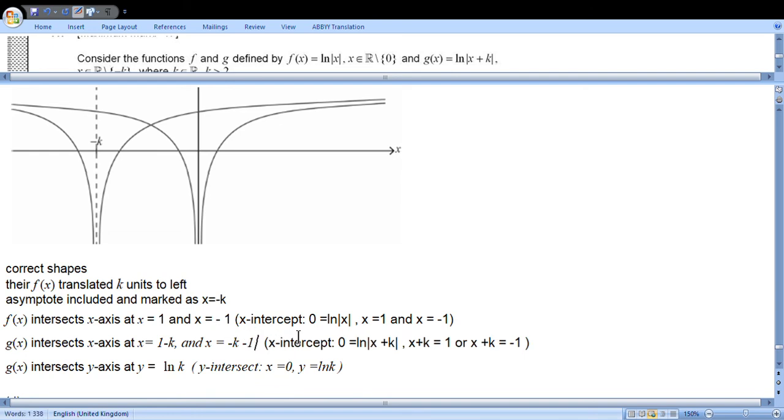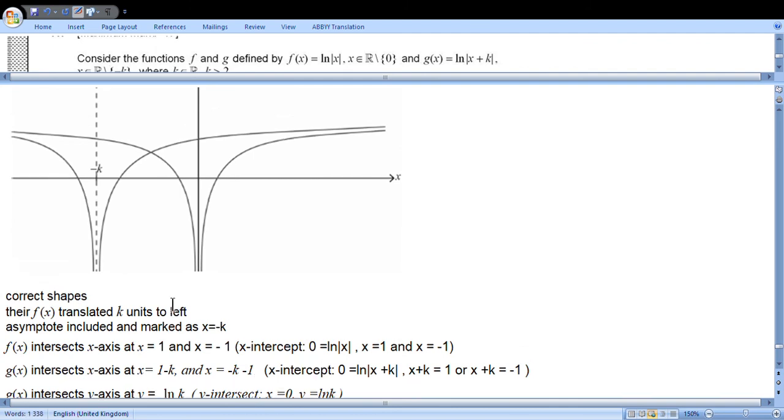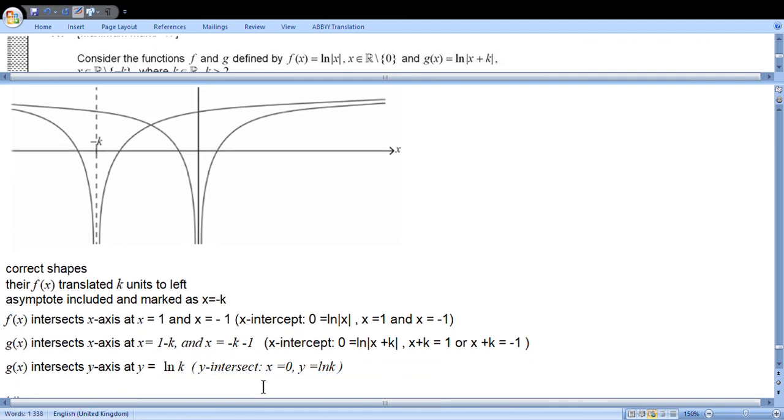So the explanation is here: y equals 0, x either 1 or minus 1. For g, y equals 0, x plus k equals 1, or x plus k equals minus 1, absolute value. And g of x intersects the y-axis when x equals 0, and this happens at the point 0, logarithm k.